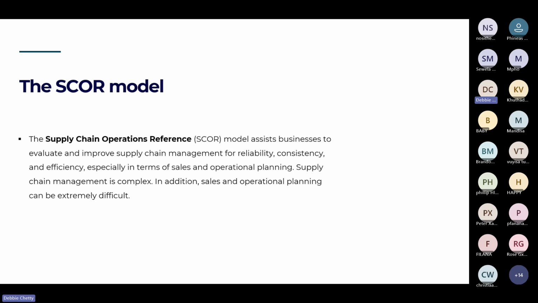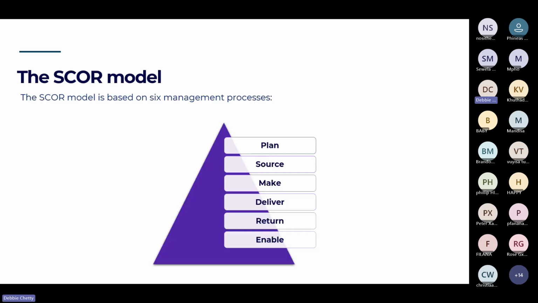And in addition, sales and operational planning can be extremely difficult, okay? Because that is so complex. Now, when you're trying to plan with sales and operations as well, it becomes very difficult or a challenge to the business as well. Right? But the SCORE model is based on 6 management processes.